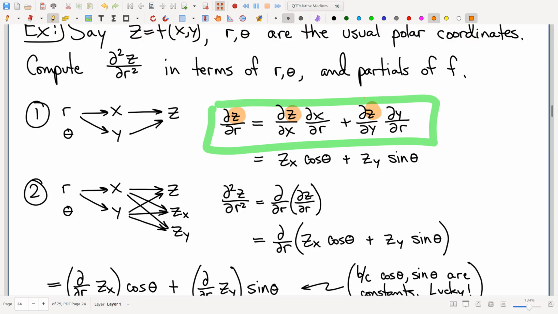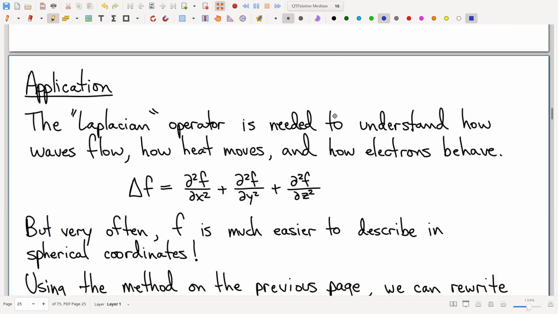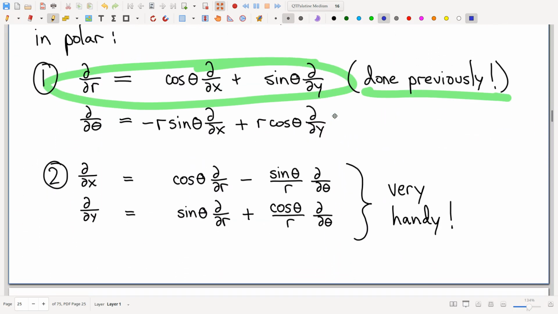I'm just making the observation here that you can think of this as an operator, d by dr, that's applying to z, and this operator on the right, applied to z, does the same thing. And notice that's exactly what this is here.